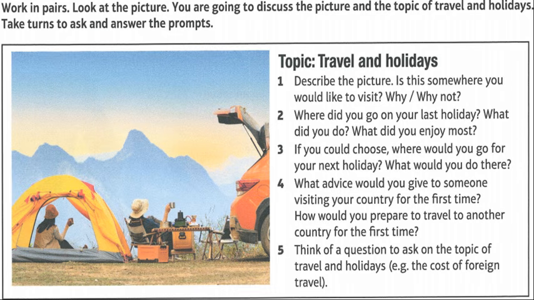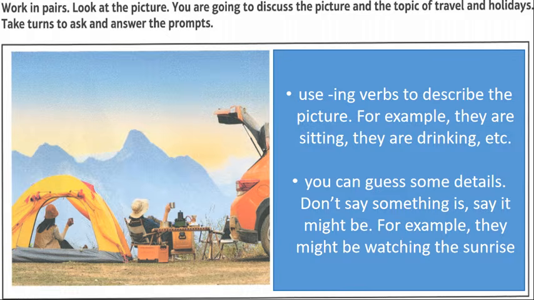So here are some tips on describing a picture. First of all, use ing verbs to describe the picture. So say what they are doing. For example, they're sitting, they are drinking, they are looking, things like that. Use ing verbs, are doing.